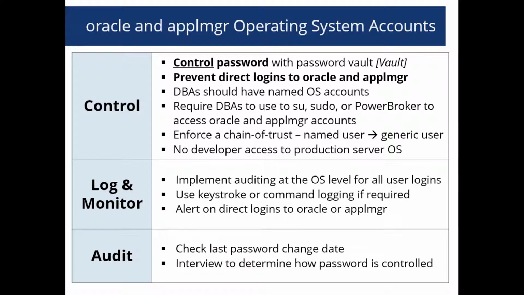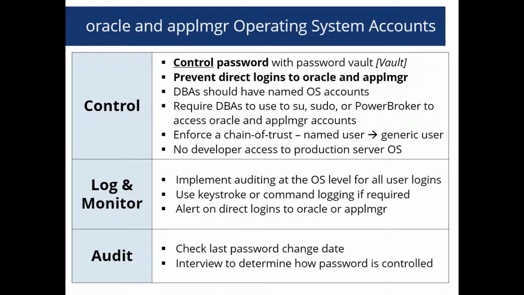But I really should never be seeing a lot of direct logins to the Oracle account on, say, an application server. What you should be requiring is that your DBAs have named accounts. They should be using their named accounts to go into the OS, and then if they need to use Oracle or Applmgr, they're using sudo or a tool like PowerBroker to access it.